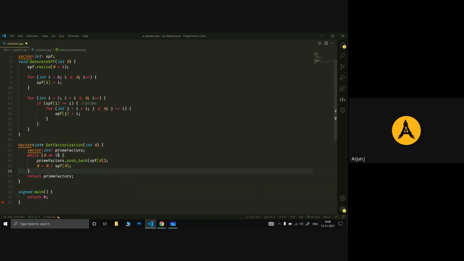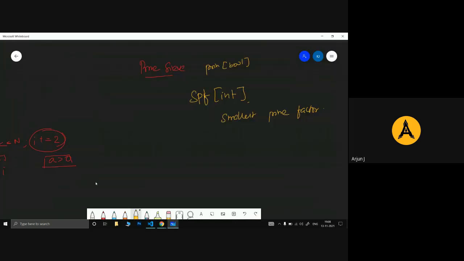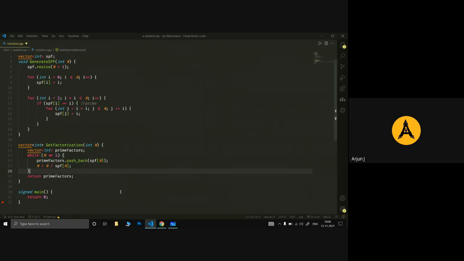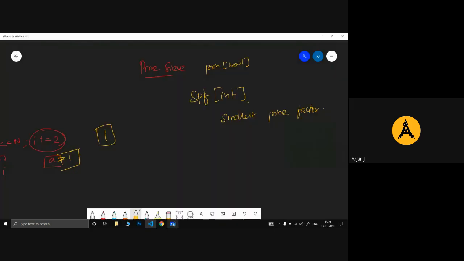And while n is not equal to 1, here on the whiteboard I have mentioned that n is going to be greater than 0. This is wrong. So n not equal to 1 will be the case, because when we keep on dividing, finally the number will become 1. So until it becomes 1, we keep on iterating through our function. We divide the particular number by the smallest prime factor of n. So now let's see how this works.